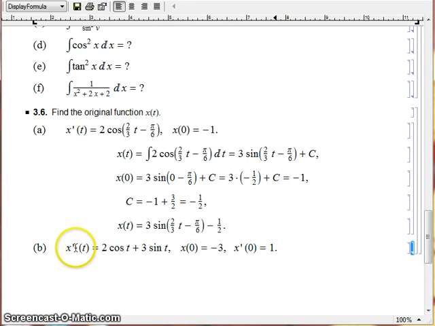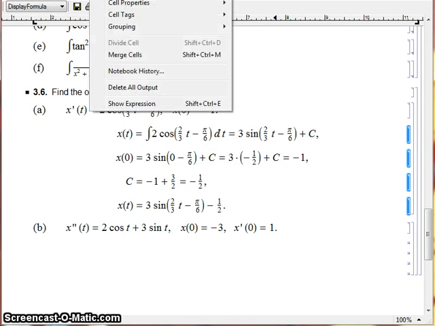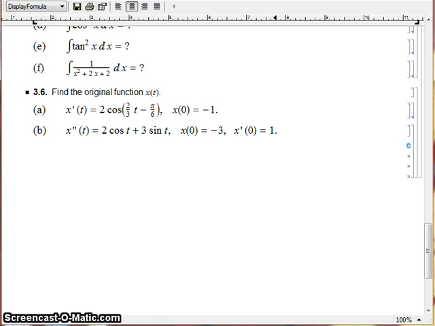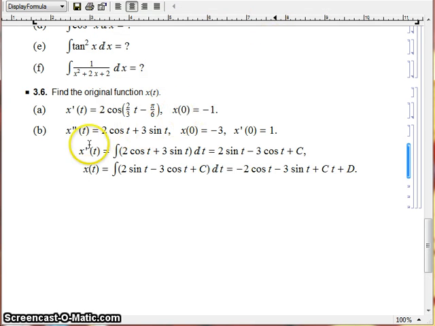Now we have a second derivative. In order to find x of t, we have to find x prime of t, and then take the antiderivative again to find x of t. So let's start by taking the antiderivative.